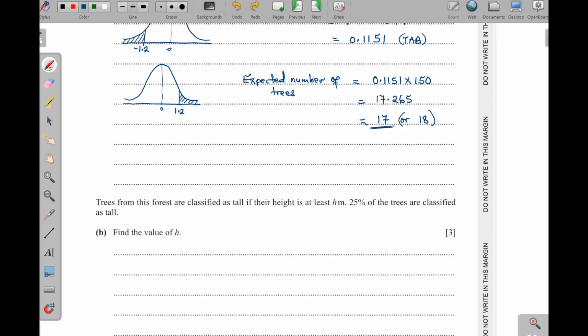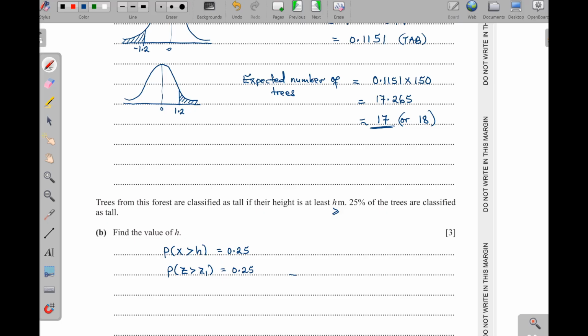Now they say 25%, so I will say the probability of x is greater than h. I can put greater or equal, whatever. Normal distribution, this is continuous, so it is the same. This is 0.25. Now I need the probability of z greater than z1 to give me that 0.25.